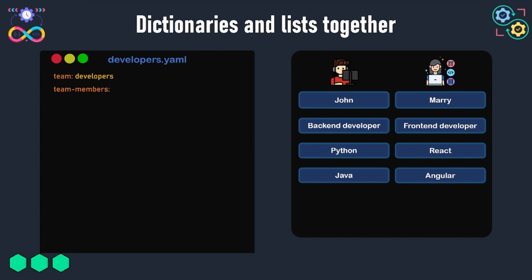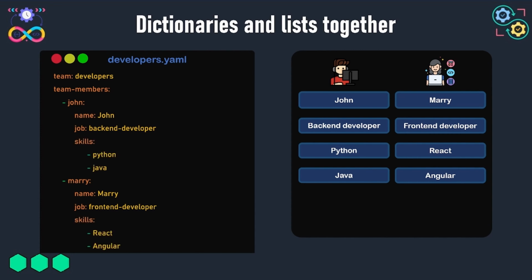The first one is called John for representing the data of John, and the second one is called Mary for storing the data of Mary. Each one of the 2 dictionaries will contain 3 key value pairs. A key called name for storing the name of the developer, another called job for storing the job, and a third one called skills, which will be a list for storing the skills of the developer.